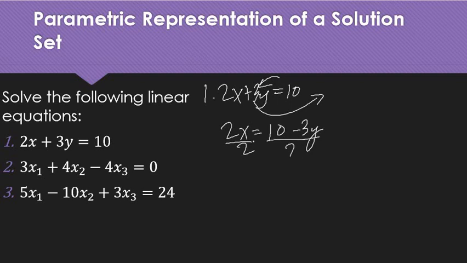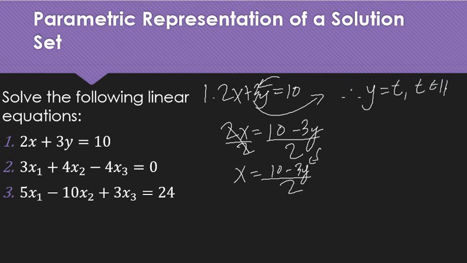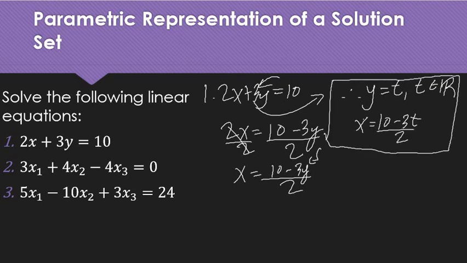Dividing both sides by 2, we get x is equal to (10 minus 3y) over 2. Now we see that y is our free variable. Therefore, we can let y be equal to t, an element of the set of real numbers, and x be equal to (10 minus 3t) over 2. And this is the solution of the first equation.